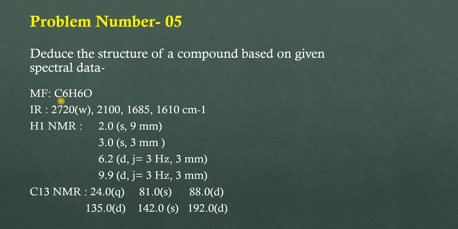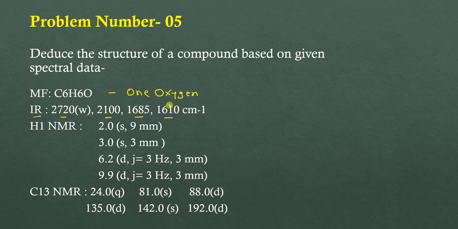Molecular formula is given as C6H6O. So here we have one oxygen atom. Then IR. In IR, we have four peaks which are given here: 2720, 2100, 1685, 1610.